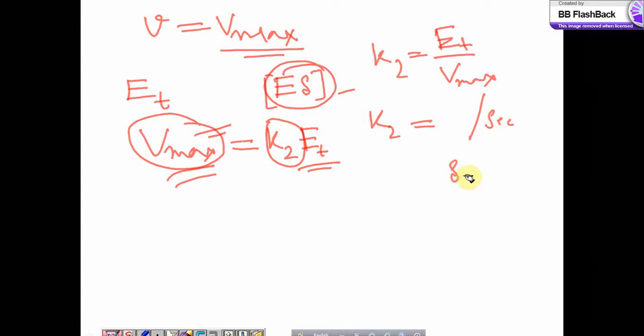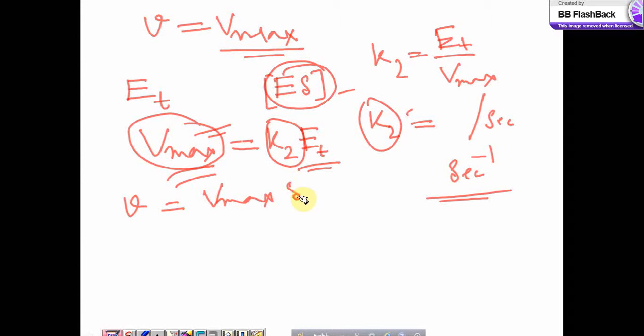Now how do we write this? V is equal to Vmax into the substrate concentration by Km plus the substrate concentration.